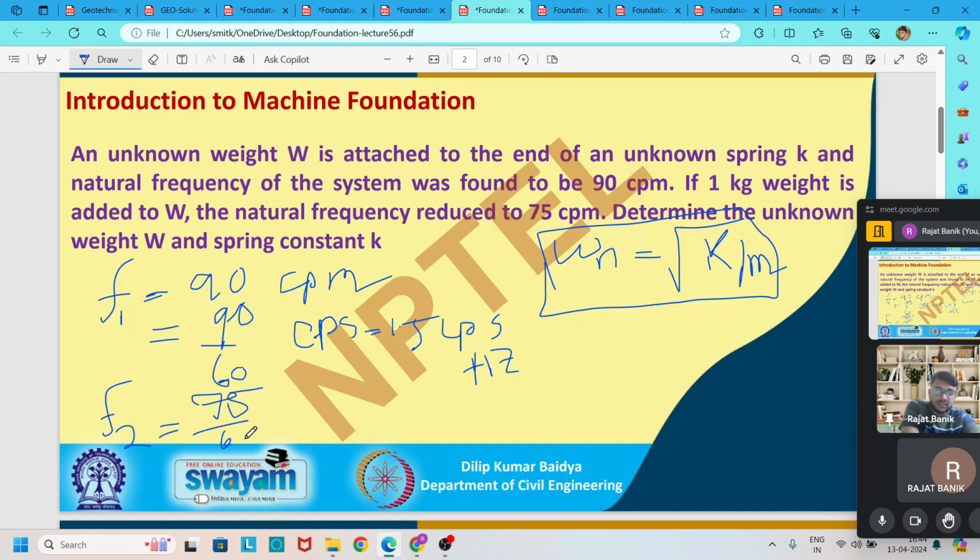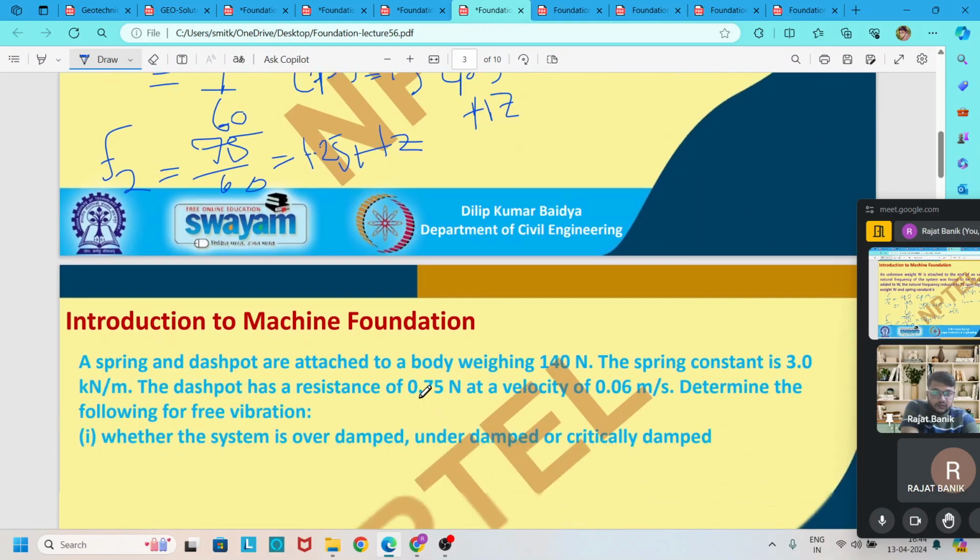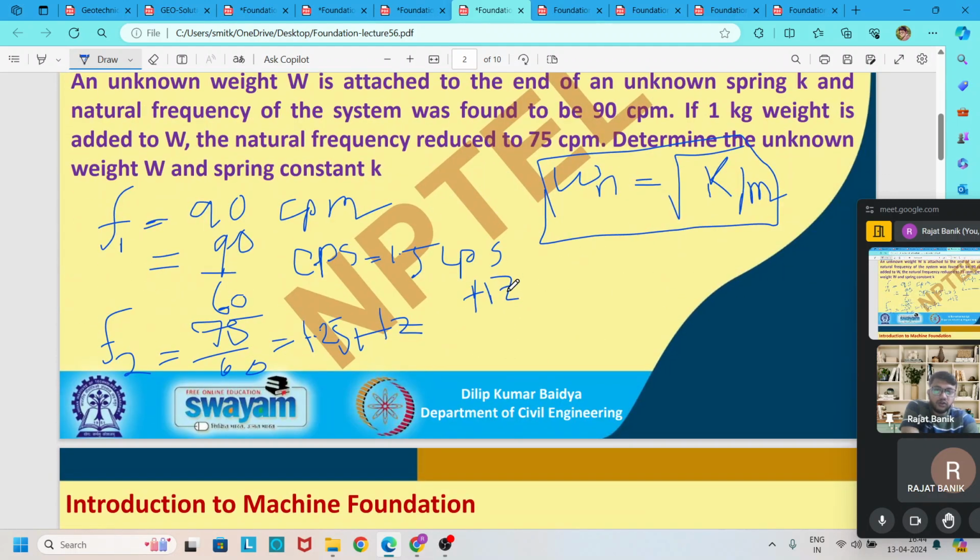If you divide it by 60, 75 divided by 60 is equal to 1.25 hertz. Then we know that omega n is equal to 2 pi f.